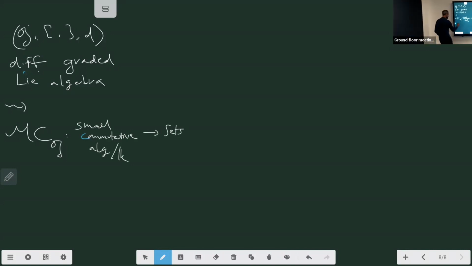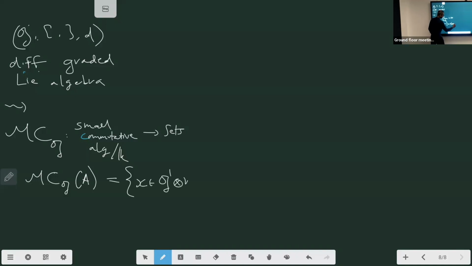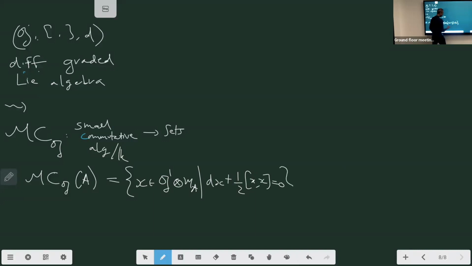So MC_G of A, but remember A is an augmented ring, so it has a unique maximal ideal, and so this is just going to be solutions x in G_1 tensor m_A, the maximal ideal, such that dx plus one half [x,x] equals 0. This is the Maurer-Cartan equation.